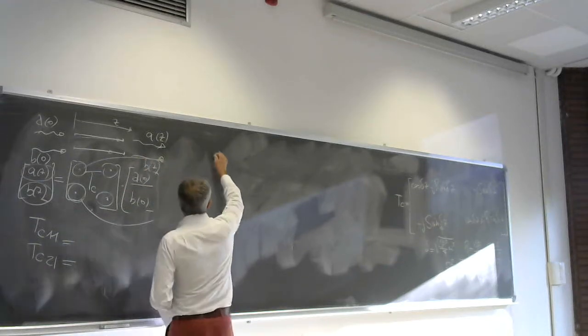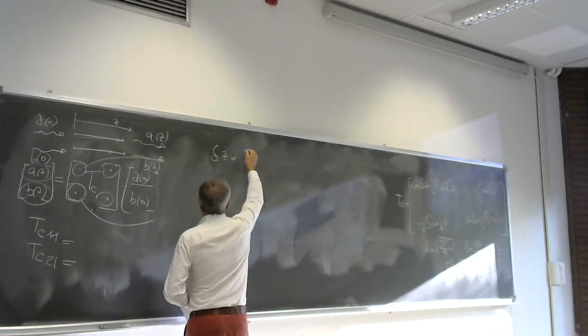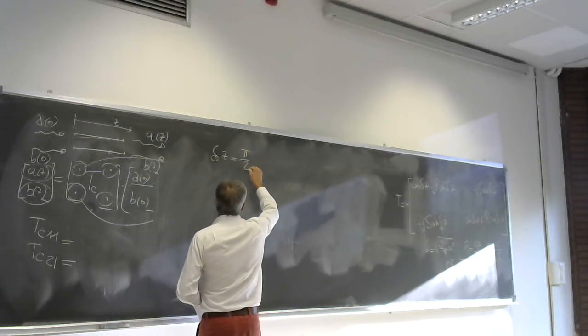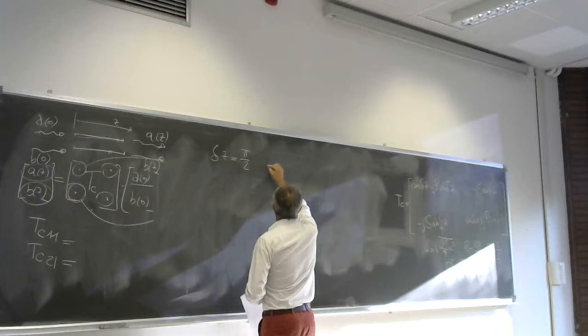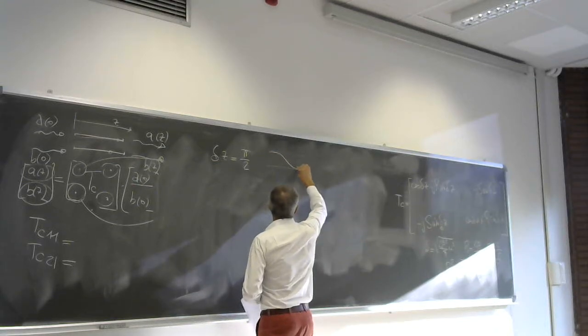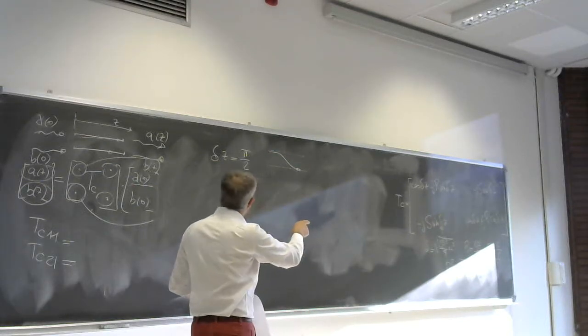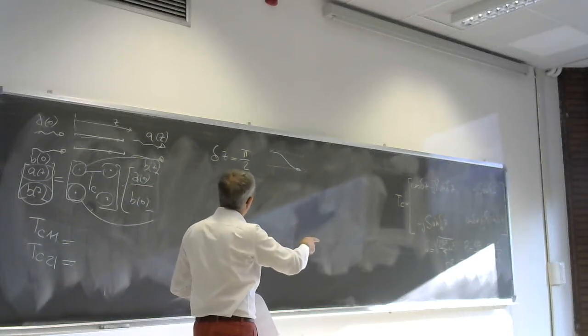When we have delta zeta equal to half pi, all the power went down because it's a sin, so you move from 0 to 1.